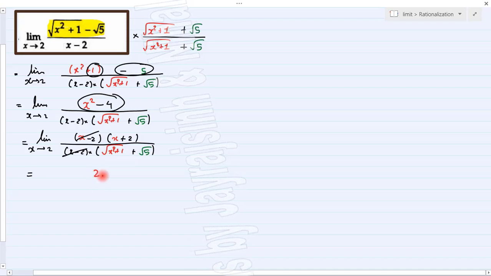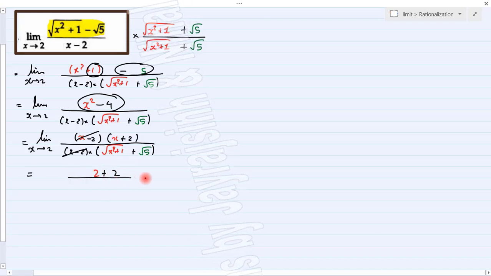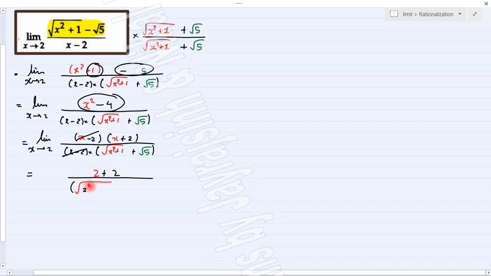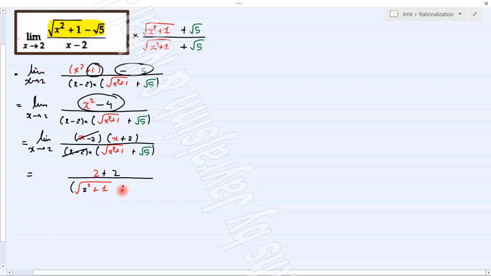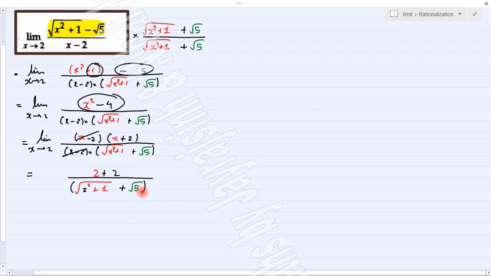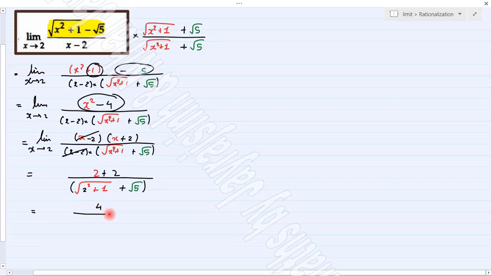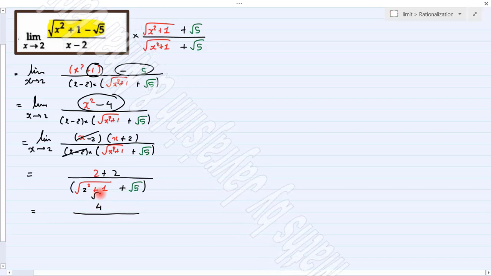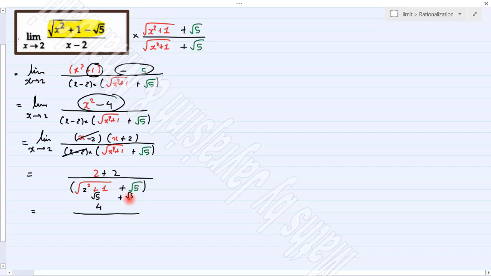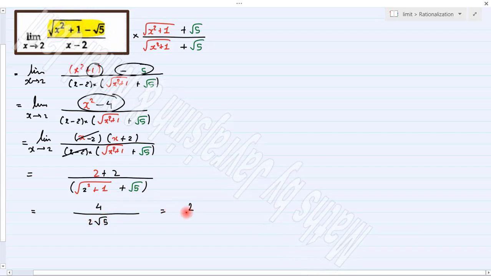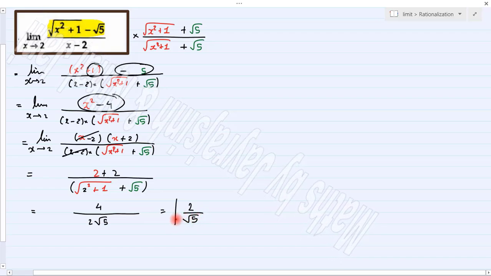So you'll get 2 plus 2 upon under root of 2 square plus 1 plus root 5. So we will get 2 plus 2, or we can say 4, and in denominator we will get root 5 plus root 5, or we can say 2 root 5, which will lead us to 2 upon root 5 as your final answer.